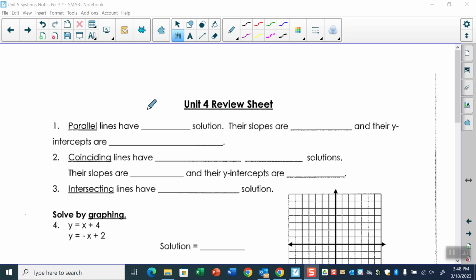Okay, so let's see. Parallel lines have no solution, right? Because they do not intersect. The slopes are the same and their y-intercepts are different.